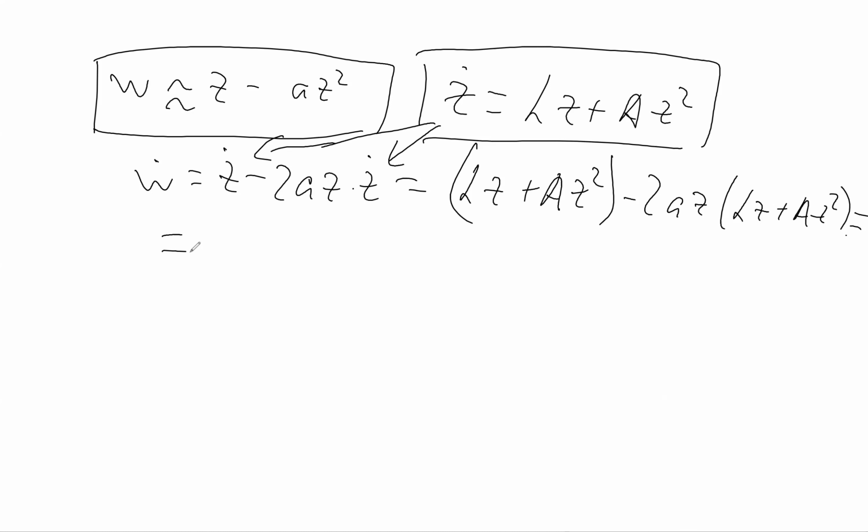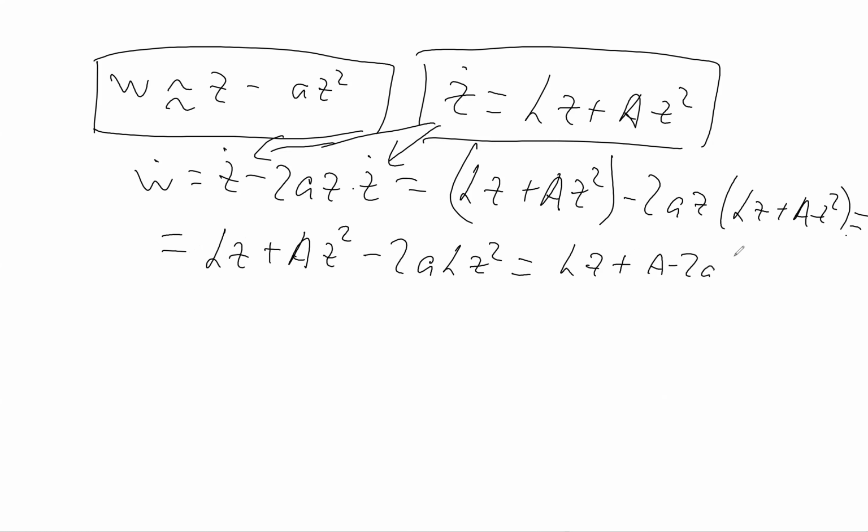If we open brackets, it will be lambda z plus 8z squared minus 2a lambda z squared. We can ignore the last term because it has z cubed, so we ignore cubic terms and so forth. So this is lambda times z plus 8 minus 2a lambda times z squared. So it is w dot.